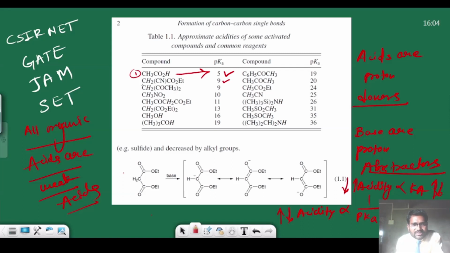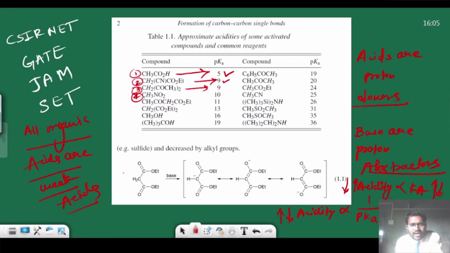This nitrile substituted ester, we can call it an active methylene compound, has pKa value about 9. Then this is also an active methylene compound with pKa about 9. Next one is nitromethane.